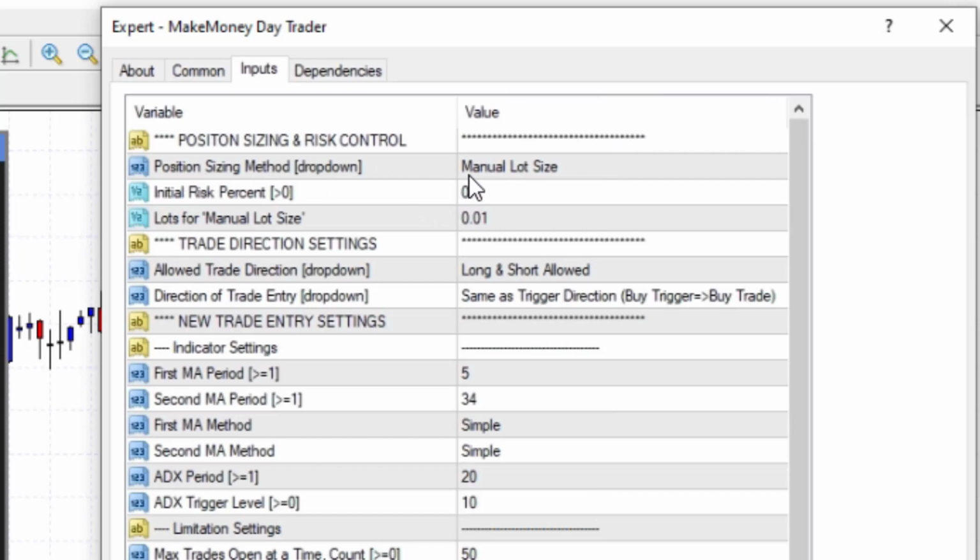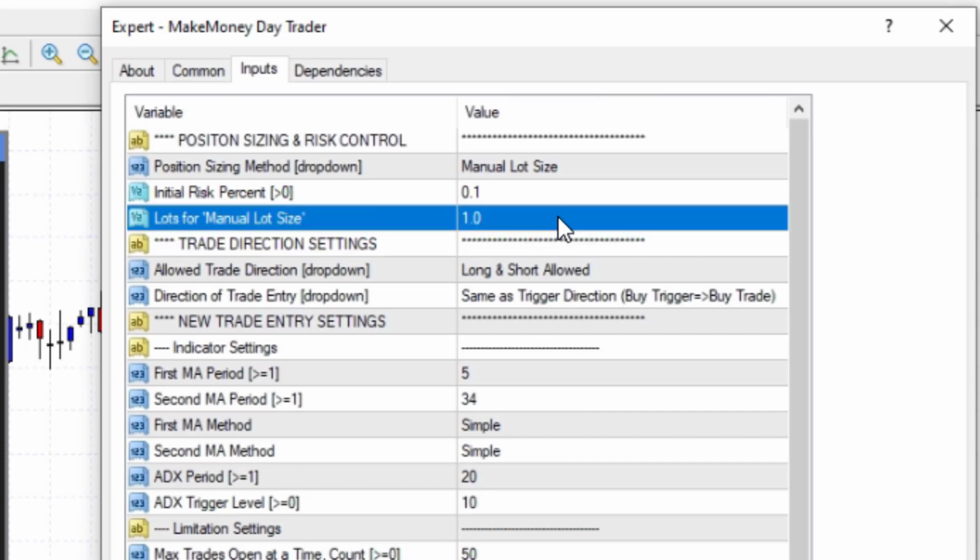Okay, position sizing. I always use manual position sizing. It is so much more controllable, and that means I need to specify the lots. I'm going to specify quite high lots, one lot per trade, and the reason is we have a fairly big account. We are not going to open hundreds of trades because this is a day trading exercise.